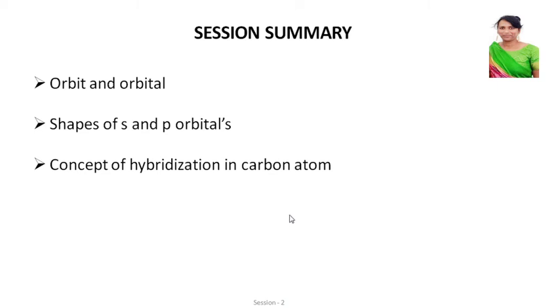Moving on to today's session summary. We have seen the difference between orbit and an orbital. Orbital is three-dimensional space around the nucleus where you can find the electron. Orbit is the path in which the electron is moving.